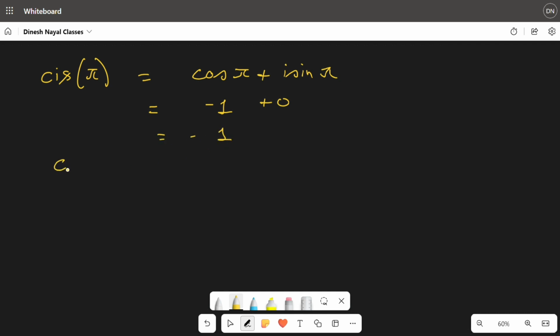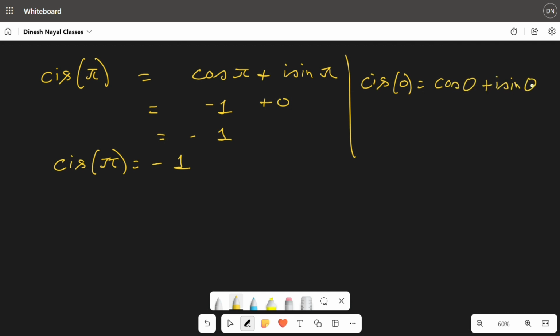Similarly, what is cis 0? You will write it as cos 0 plus i sin 0. We know that cos 0 is 1 and sin 0 is 0. So cis 0 is actually equal to 1.